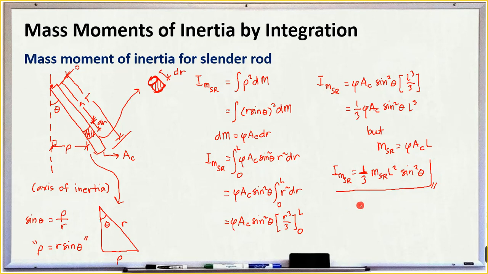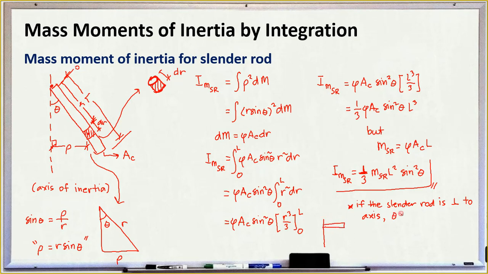Now, if the rod, or if the slender rod, is perpendicular to the axis, our theta becomes 90 degrees, right? Because its form becomes like this.